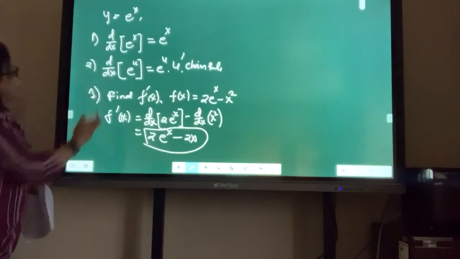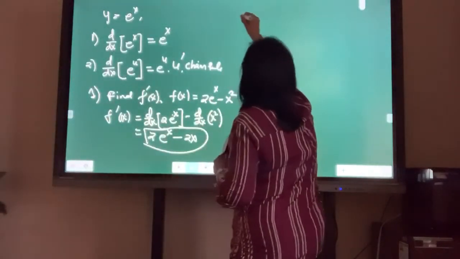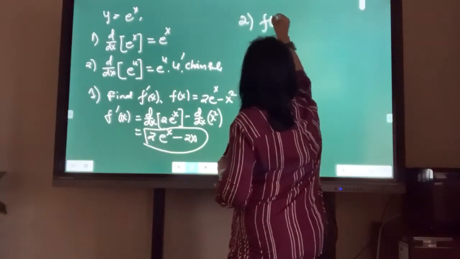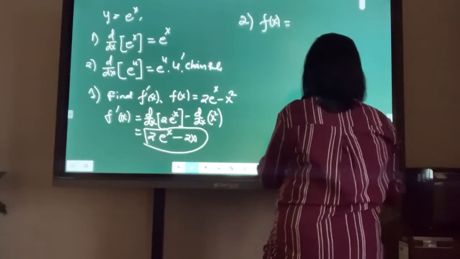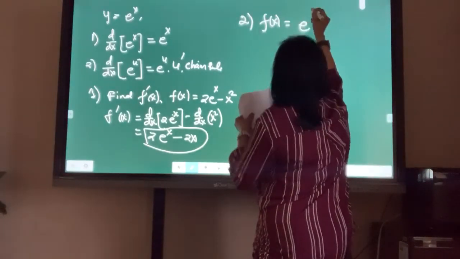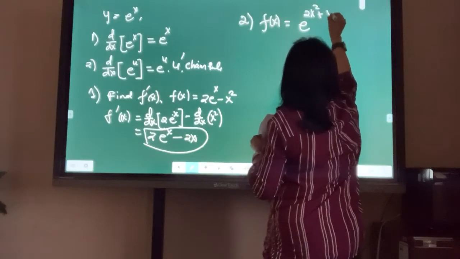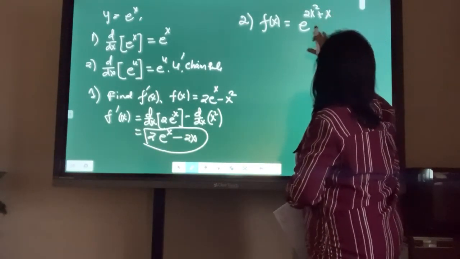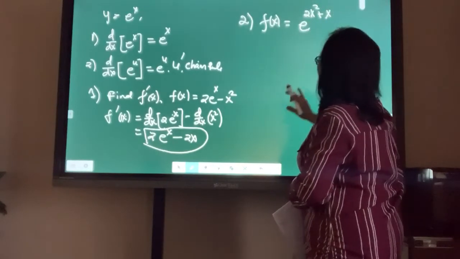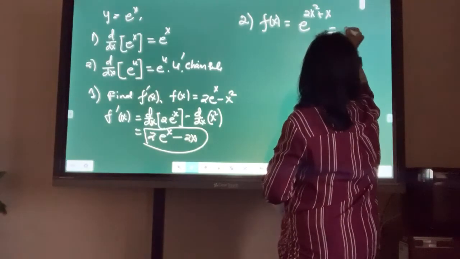Now let's go to the second one where the chain rule can be applied. So problem 2: f of x is going to be e to the power, on the top is 2x squared plus x. Now as you can tell, it's not just e to the x, this is another function in the exponent, so this will require the chain rule, which means I'm going to have to make a u substitution.